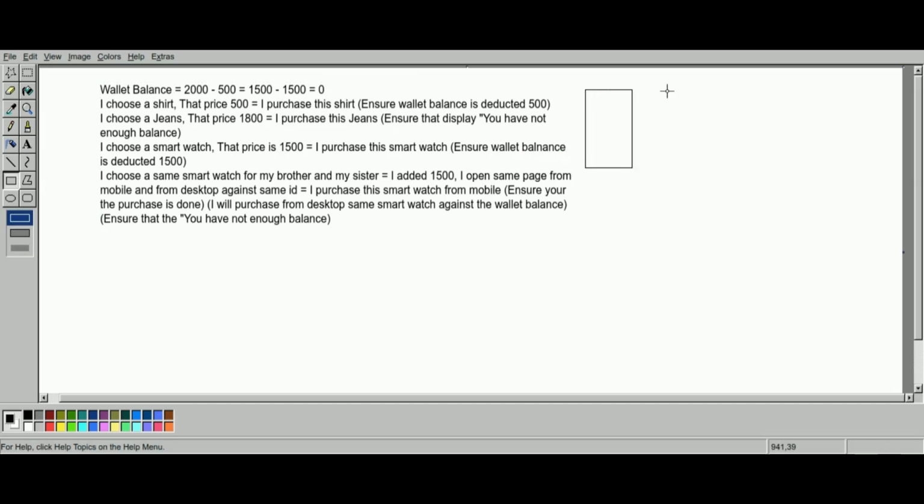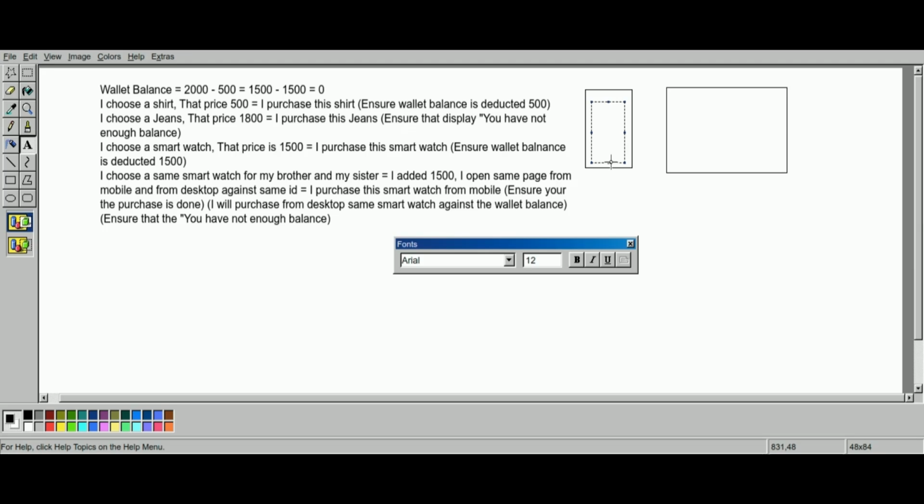These are my two systems, same page of smartwatch of SW and same ID.